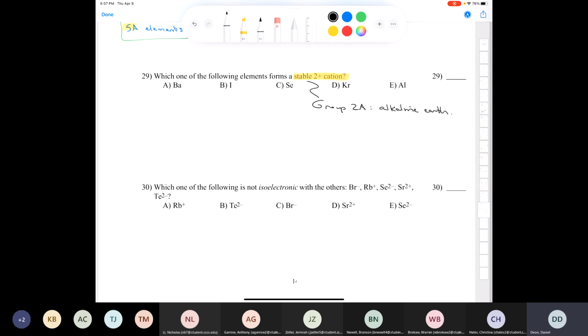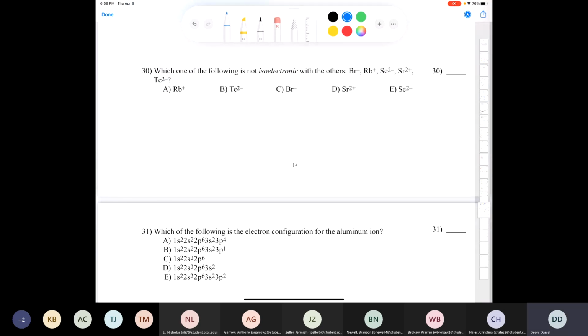We have beryllium, magnesium, calcium, strontium, barium, and radium. And so the answer is barium, because barium 2+ is isoelectronic with xenon, which is a noble gas.